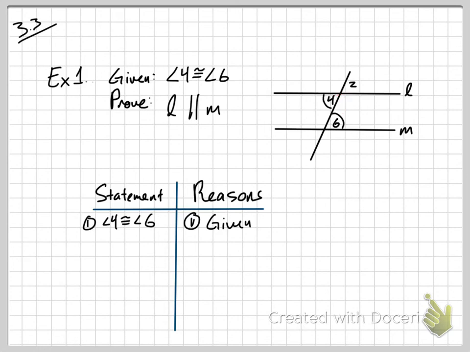The first relationship that we see, angles 2 and 4, those are vertical. So we know that they are going to be congruent, because vertical angles are always congruent.